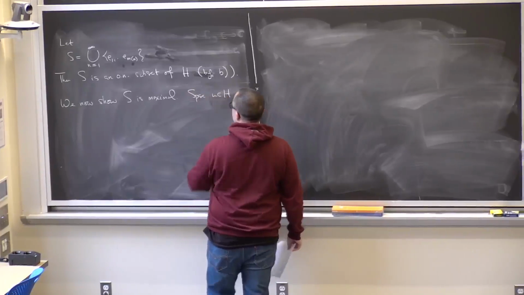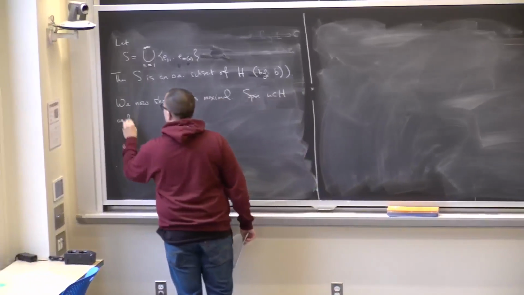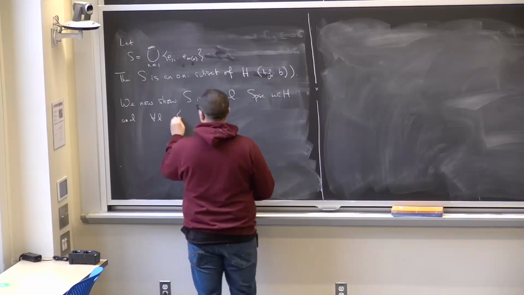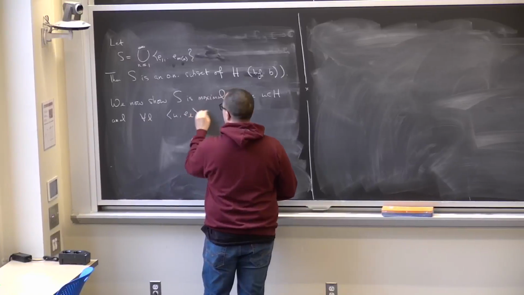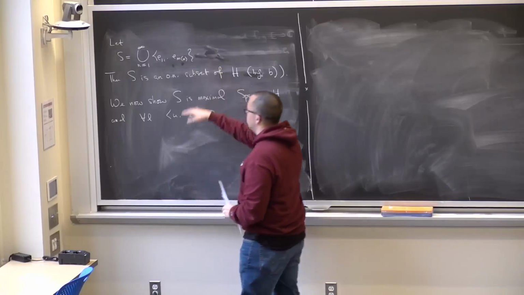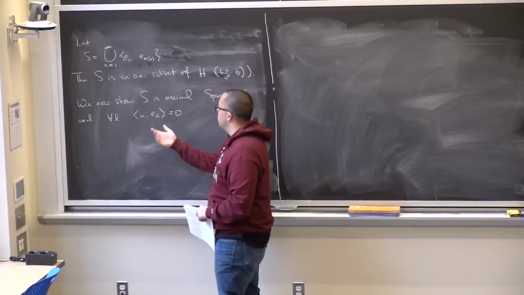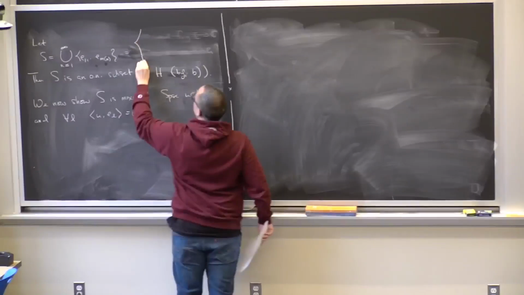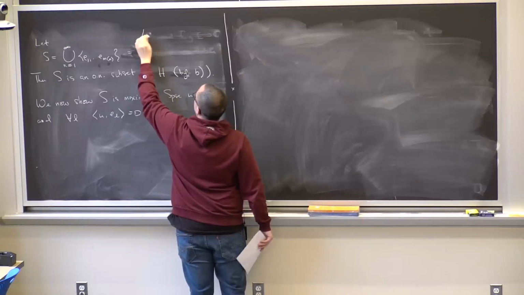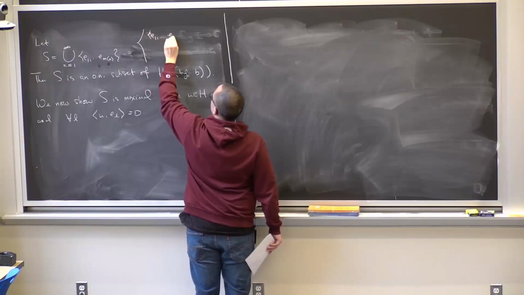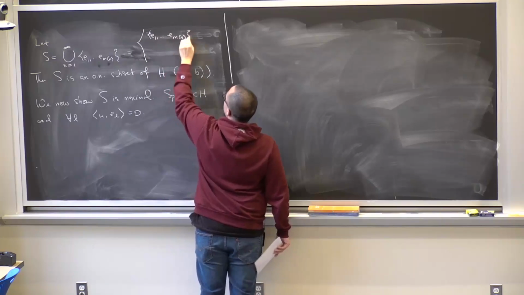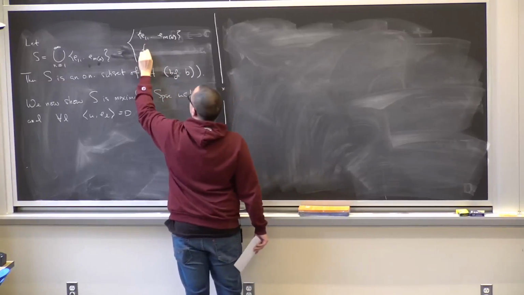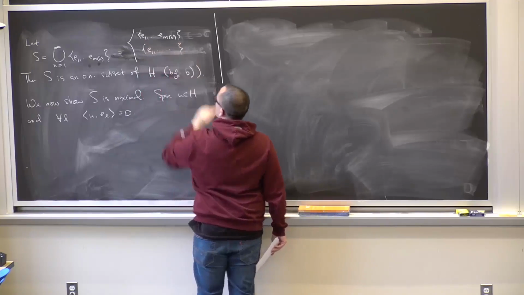So suppose u is in H, and for all L, the inner product of u with E sub L equals 0. So this is either a finite set, so L is between 1 and n, or it's a countable set, and L is going from 1 to infinity. So this is equal to either E1 up to E m sub n for some n, or countably infinite, okay?